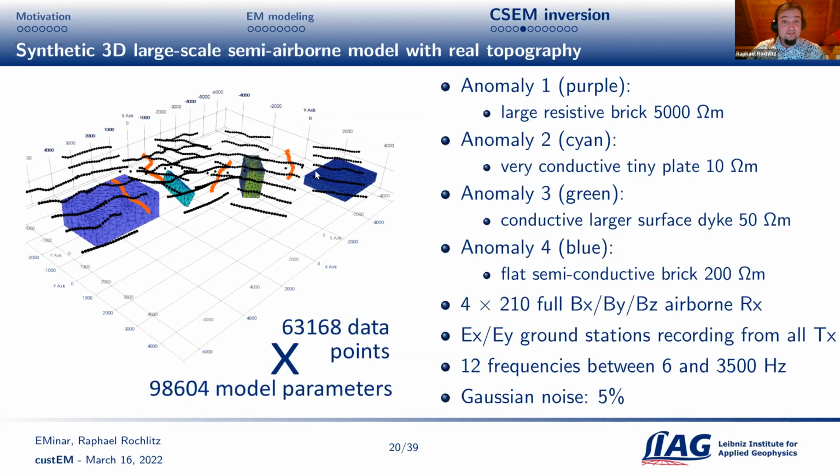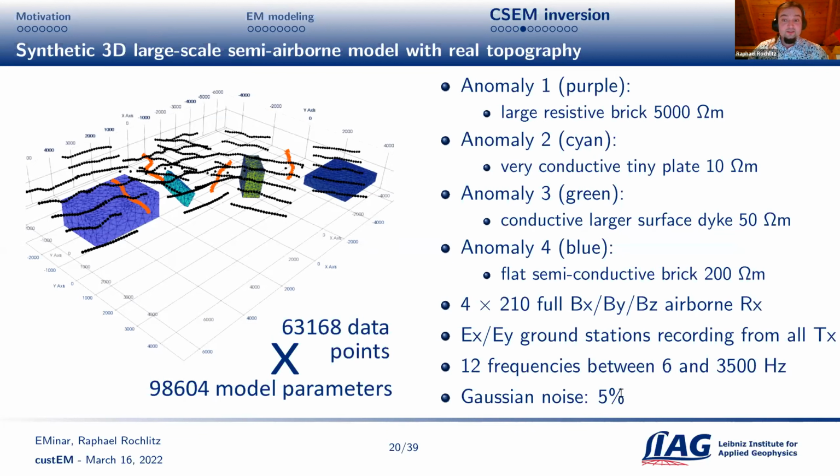In addition, it's hard to see, but we also have some single dots here. These are receiver stations where we record electric fields on the ground, and these stations record from all transmitters. We are inverting for 12 frequencies between 6 and 3,500 Hertz, which is also the frequency range of our real survey data.